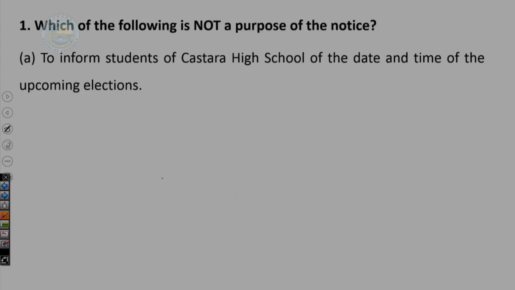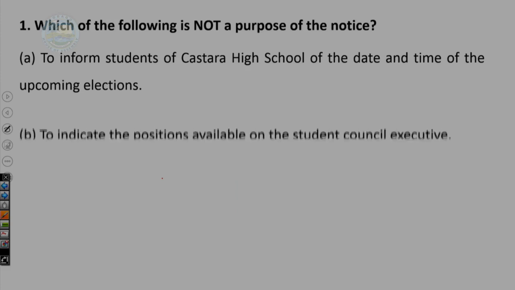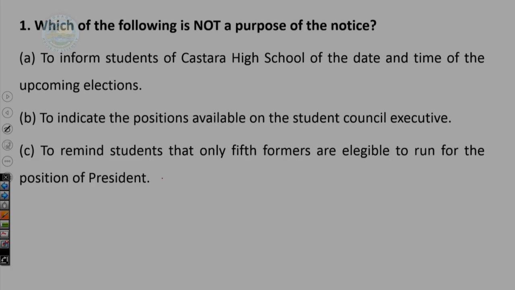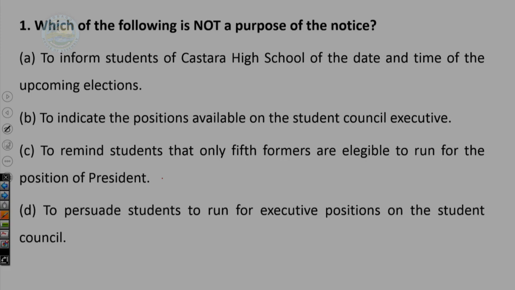To inform students of Castara High School of the date and time of the upcoming elections; to indicate the positions available on the Student Council Executive; to remind students that only fifth formers are eligible to run for the position of president; to persuade students to run for executive positions on the Student Council. So which of the following is not a purpose of the notice?